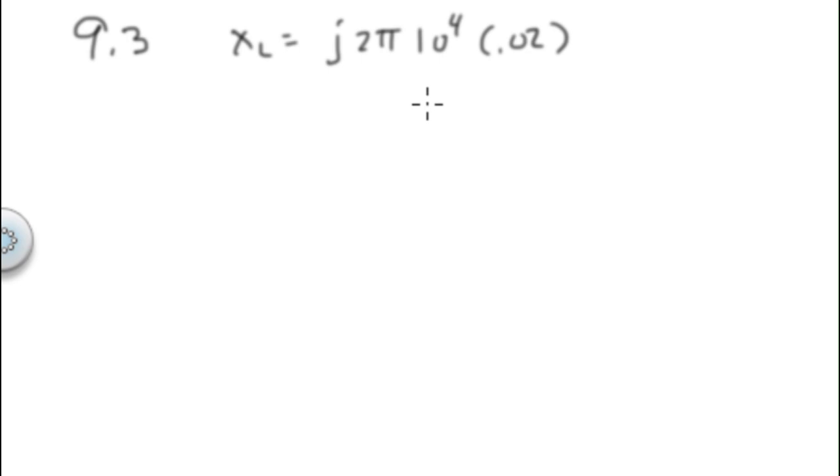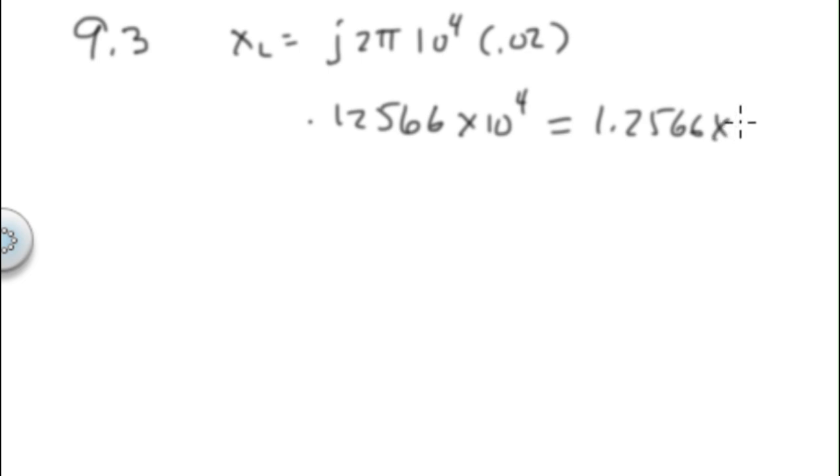Okay, so now we're going to go 2 times pi times 0.02 equals 0.12566 times 10 to the 4th, or 1.2566 times 10 to the 3rd, or 1.256 k ohms.